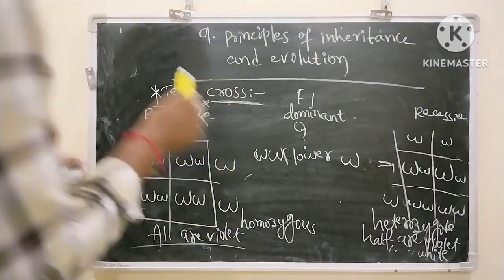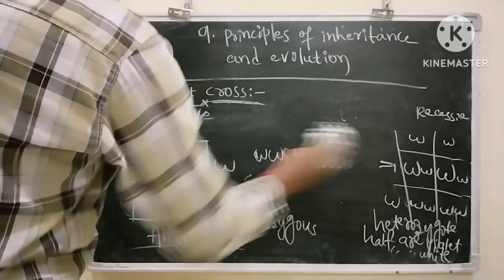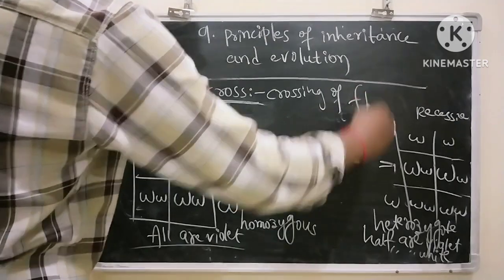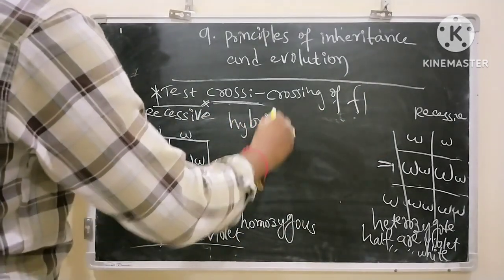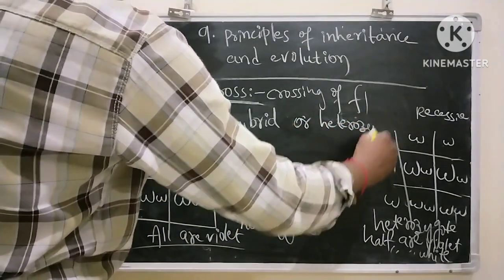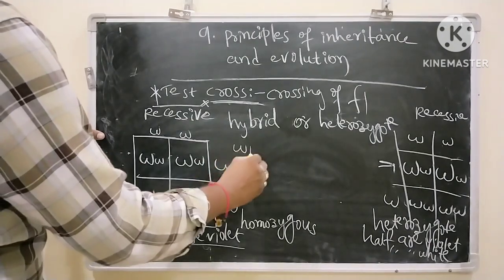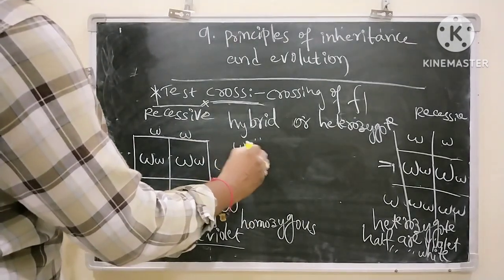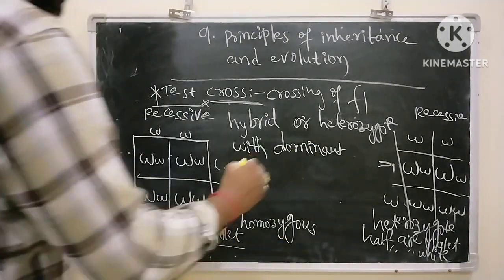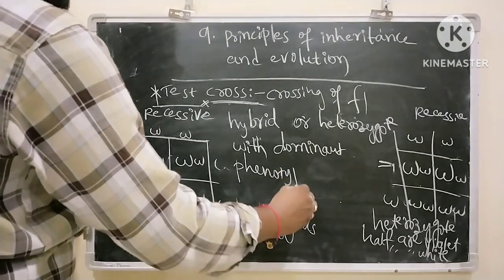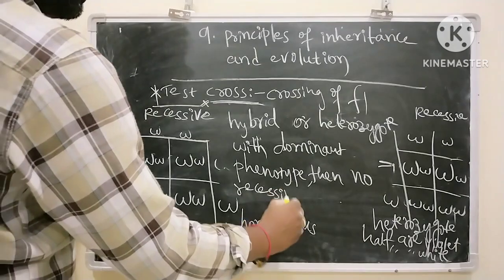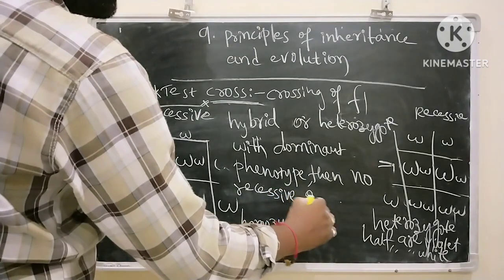So the general definition for test cross is the crossing of an F1 hybrid or heterozygote with the dominant phenotype, then no recessive offspring are produced.